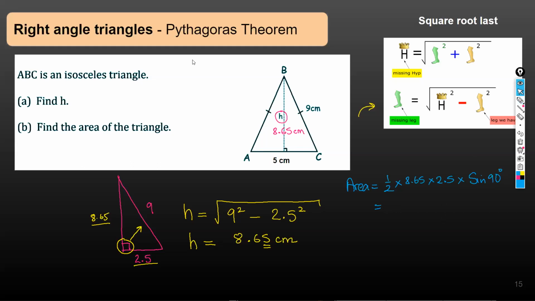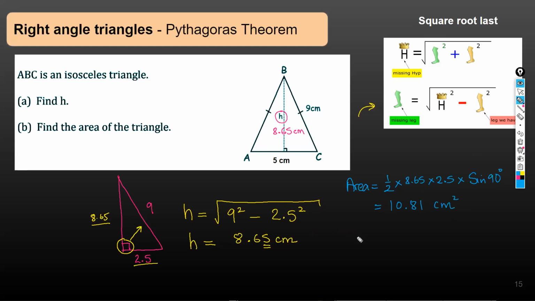When you do that, I'm hoping that you see 10.81 centimeters squared. But that's one of the halves.